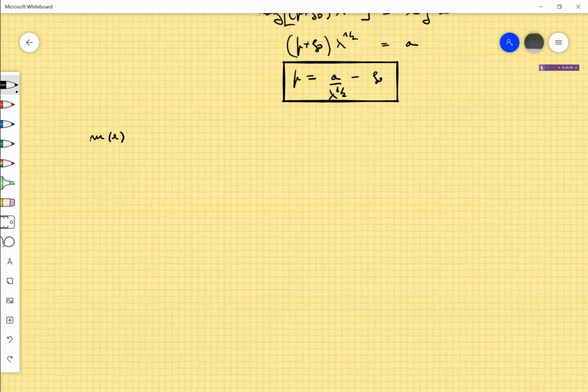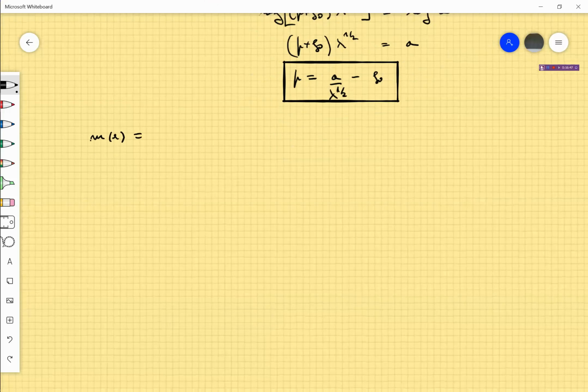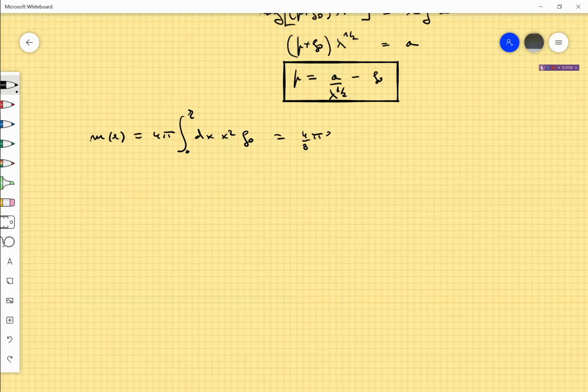This is 4 pi, and the integral between 0 and r of x squared times rho 0. This is just rho 0 times the volume of a 3 sphere of radius r. Sorry, interior volume of a 2 sphere of radius r. Okay.